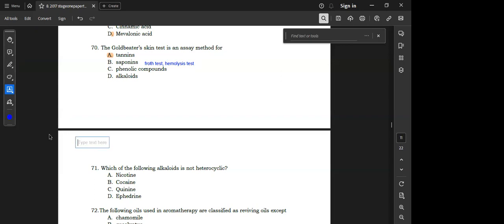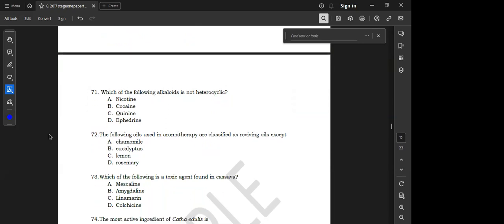Nicotine, cocaine, quinine, and ephedrine. D, ephedrine.